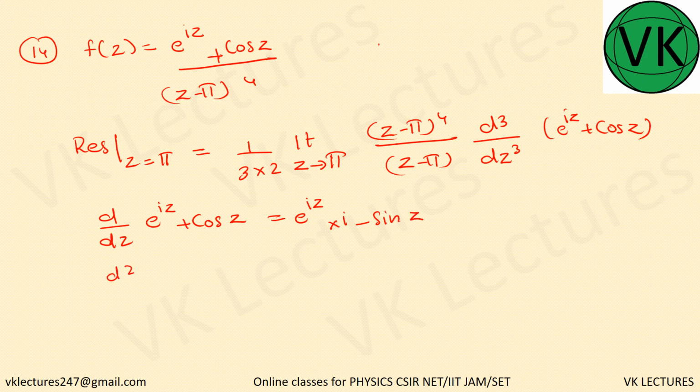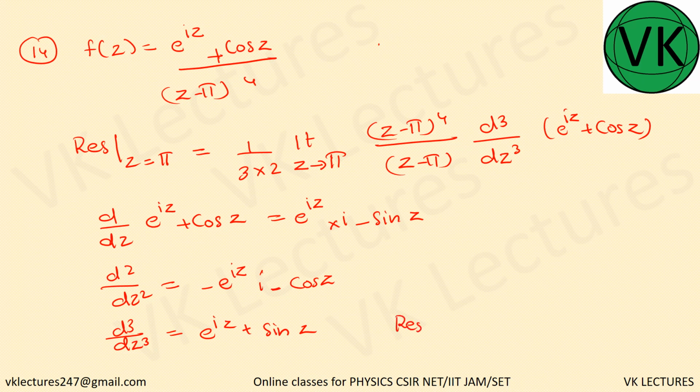Then d square by dz square is equal to minus e raised to iz into i minus cos z. Then d cube by dz cube is equal to e raised to iz plus sin z. So we got the residue at z equal to pi equal to e raised to i pi by 6.